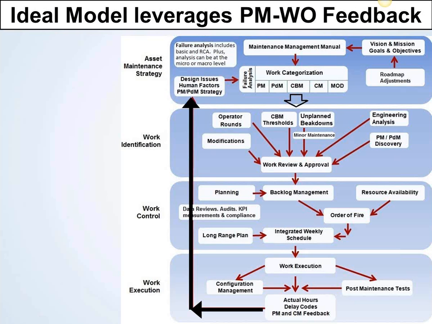Somebody has to do something with this data, so it's important to have actions assigned. And then on the far right, there's another methodology which we're not going to discuss today, but we refer to this as a roadmap adjustment. It's a business process review, which is done maybe every 5 years. But the combination of those 3 strategies can help any organization become world-class.